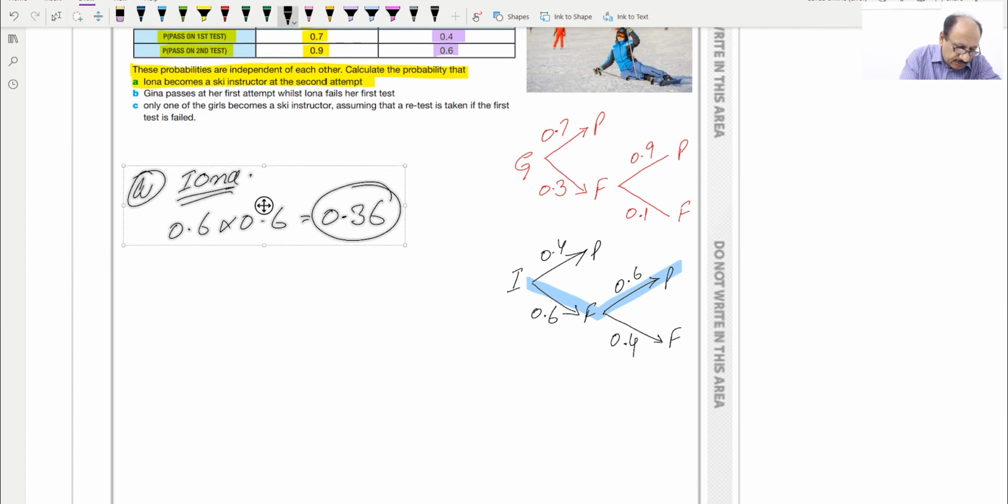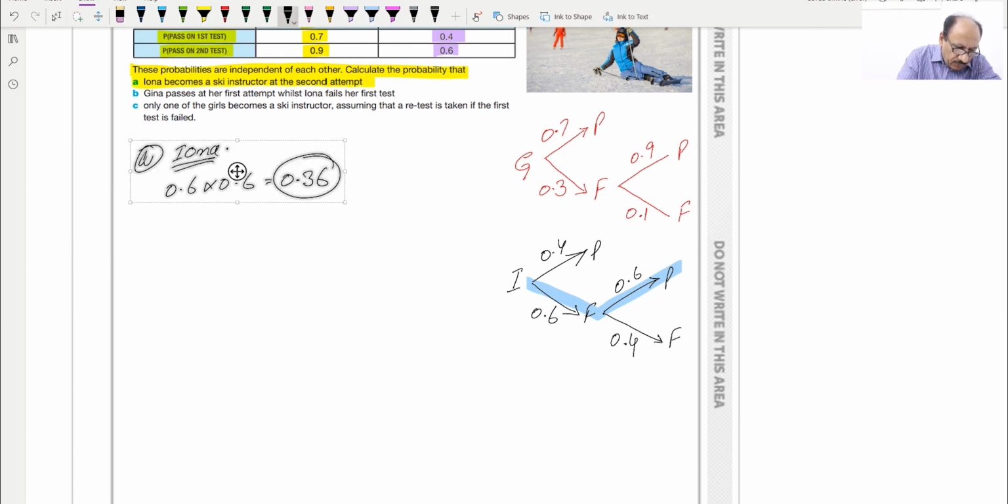Now for B part, it says Gina passes at her first attempt whilst Iona fails her first test. Gina passes the first test is this route, so for Gina this is pass.